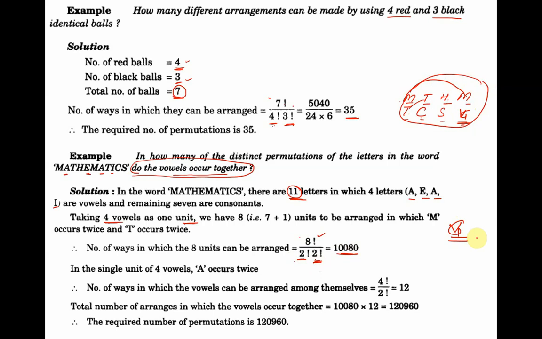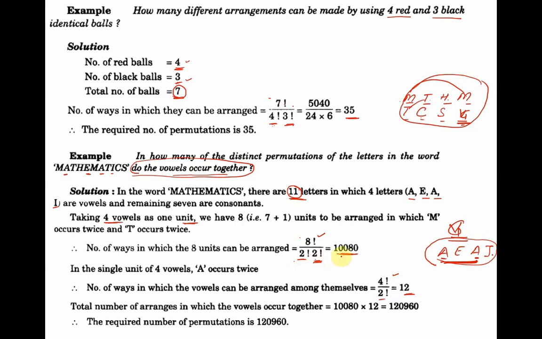The vowel group comprises the 4 letters A, E, A, I. Now these vowel groups can also be arranged in a number of ways. But in the vowel group, once again, A is occurring twice. So the number of ways these 4 letters can be arranged within the vowel group is 4 factorial divided by, as A is occurring twice, 2 factorial, that is equal to 12.